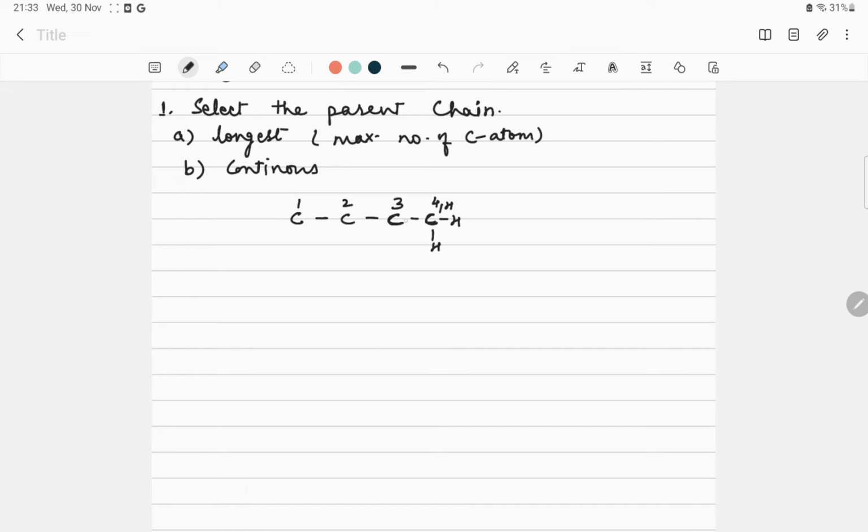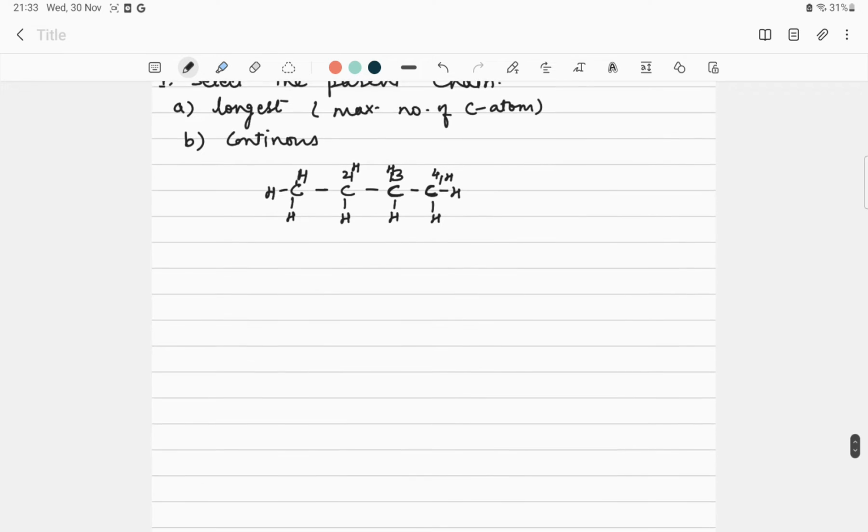Here carbon 3 is already bonded with 2, so only 2 hydrogens are needed. Similarly, again 2 should be there, and here 3 should be there. So that is how we can have the various carbon atoms bonded with hydrogens. So this is how we select the parent chain. This is the longest chain, and only one possibility is there.